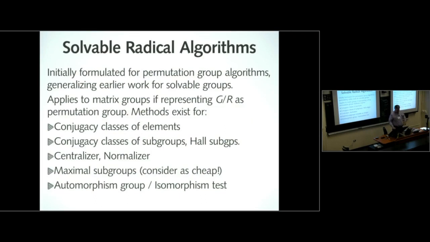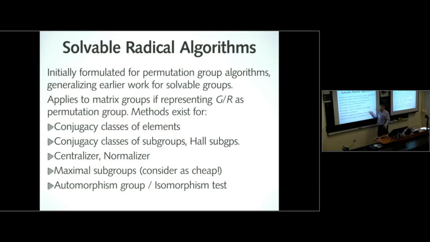And with this, we get a whole battery of algorithms. This paradigm has been used originally for permutation groups, but now with a composition tree we can use that same paradigm for matrix groups, and we can calculate conjugacy classes of elements, of subgroups, whole subgroups, therefore pseudo subgroups, element centralizers, subgroup normalizers, maximal subgroups.